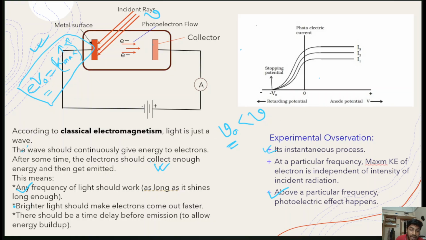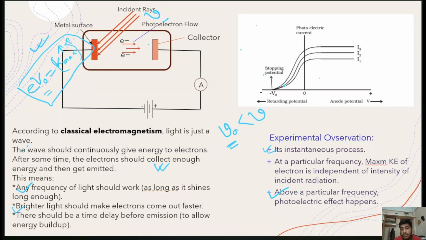Another one is, brighter light should make electrons come faster. Why? As I have discussed earlier, brighter light means the intensity of incident rays is changing without changing the frequency. If brighter light falls on a metal surface, the maximum kinetic energy of the electron should increase, and hence the stopping potential should increase.